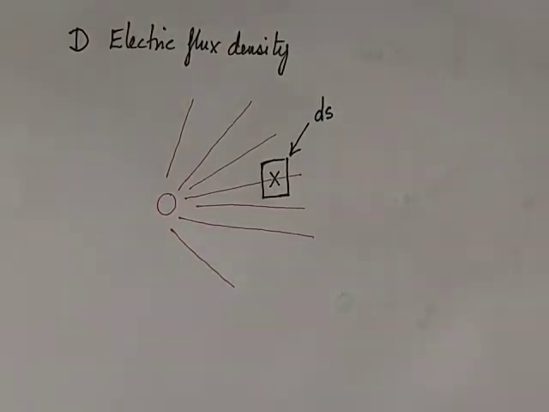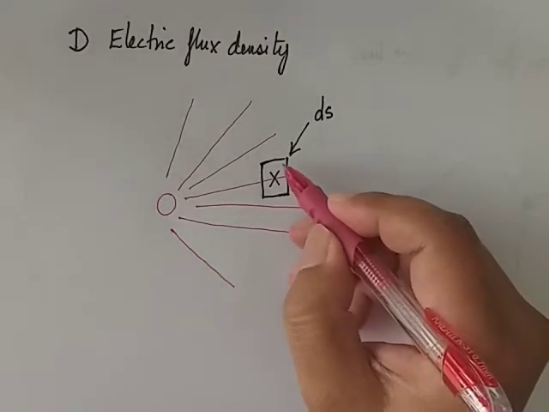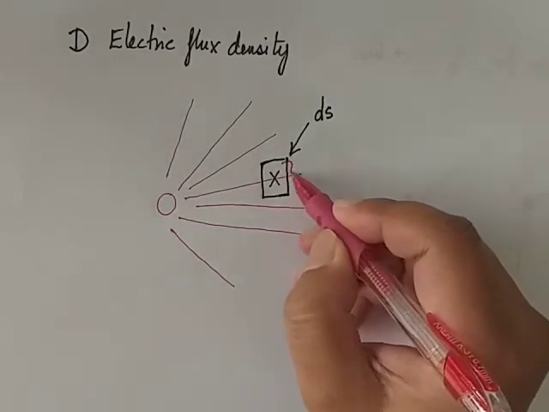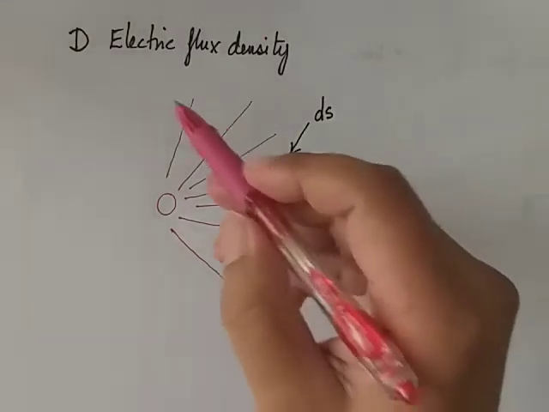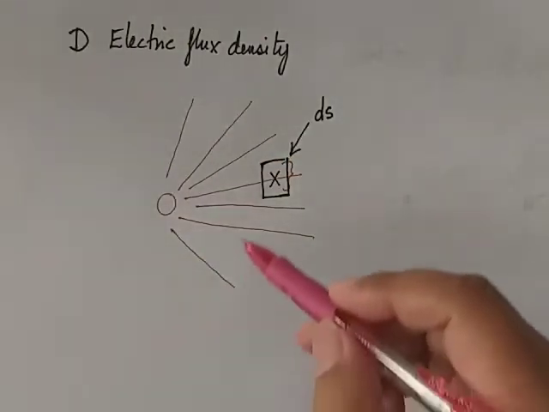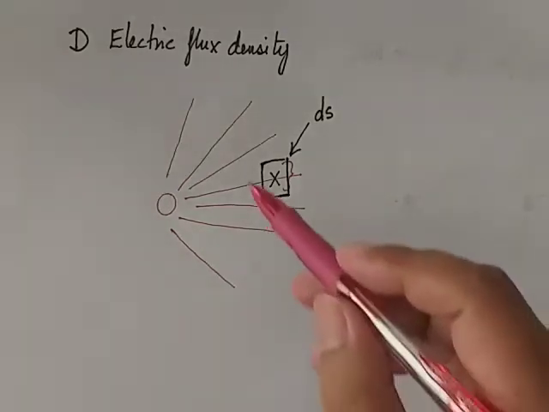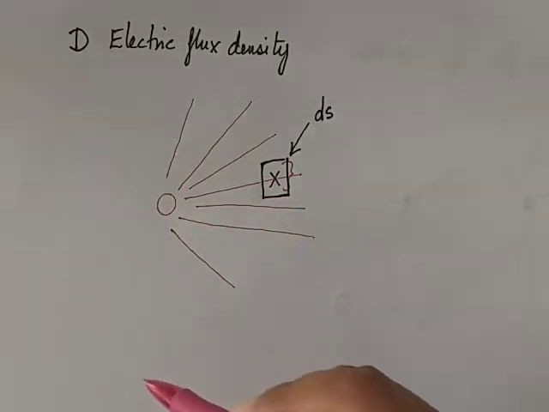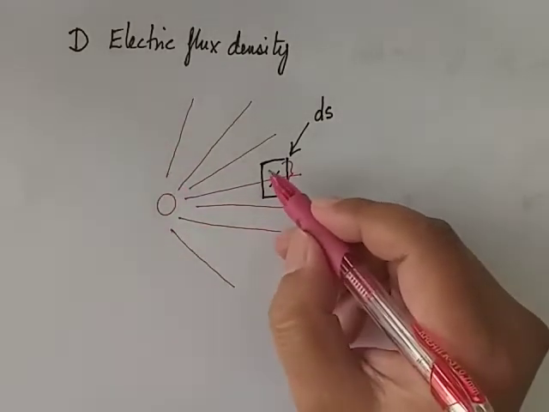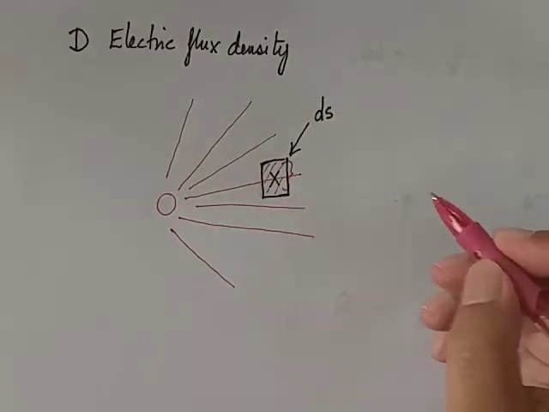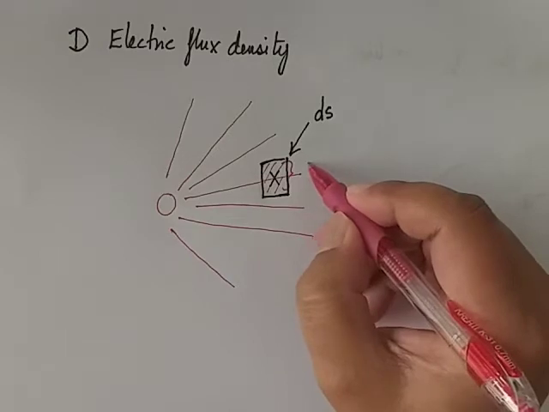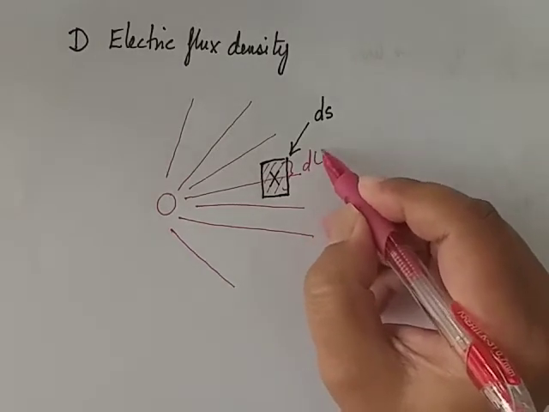From this simple diagram, we can see that there are a number of lines passing through this area. The total number of lines we call electric flux. Therefore, the number of lines passing through this shaded area, we're going to denote as d electric flux.